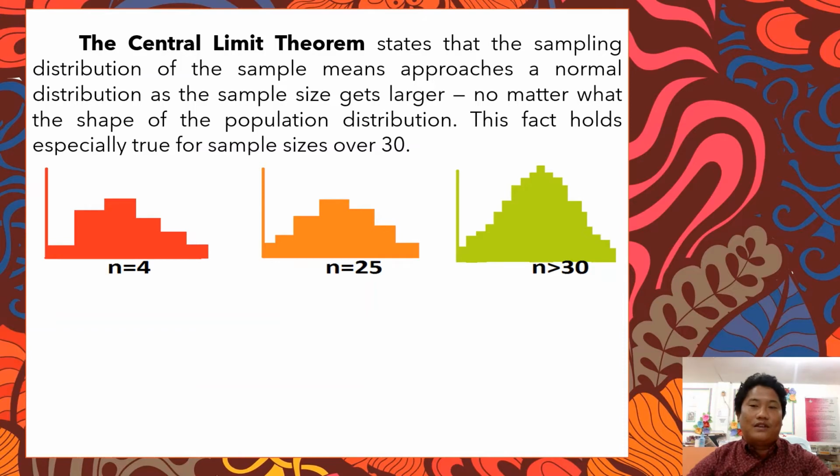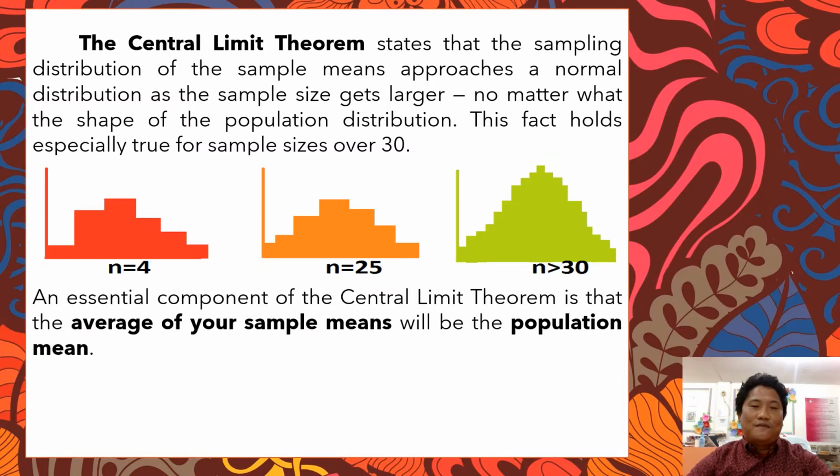So that's how the theorem works. Meaning if your sample size is over 30, it approaches a normal distribution as the sample size gets larger. Looking at the graph, from when n is 4 to when n is 25 and n is greater than 30, the shape of our graph is forming towards a normal distribution graph, which is a bell shape.